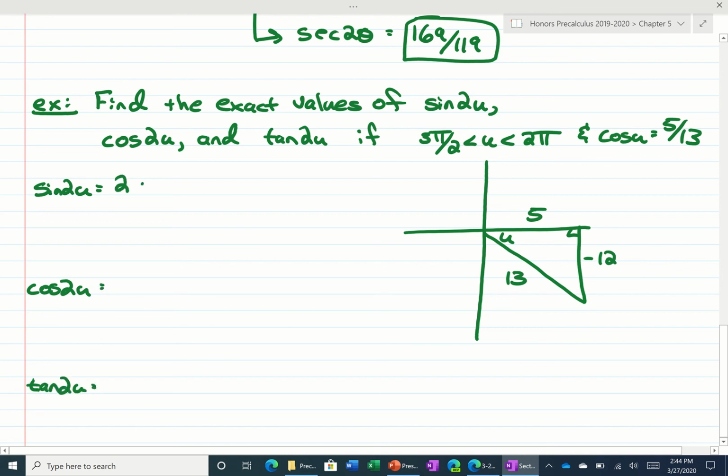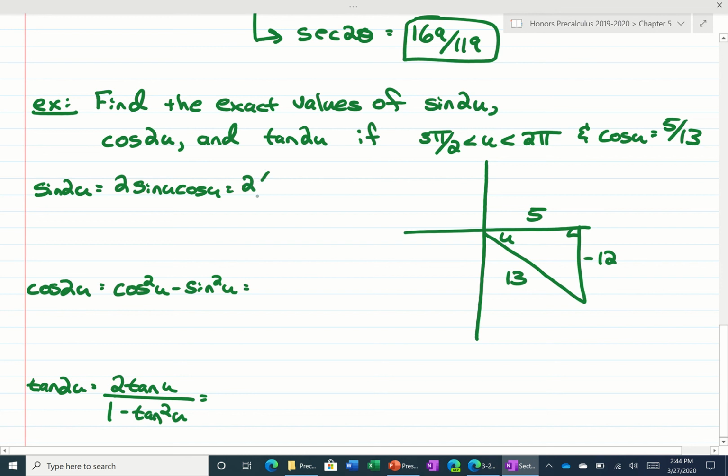You know the formula. So let's figure these out.